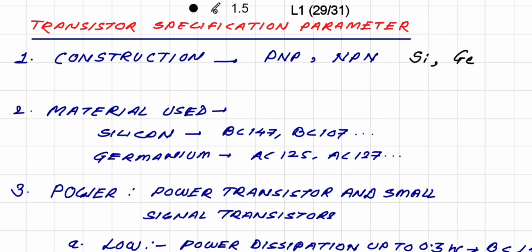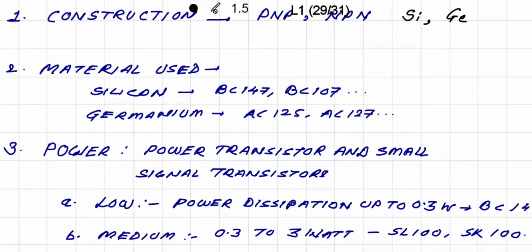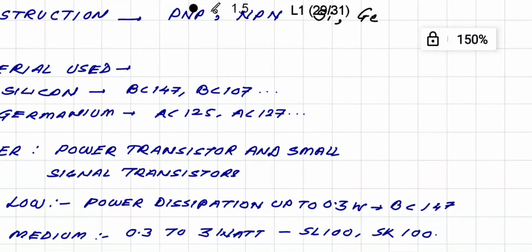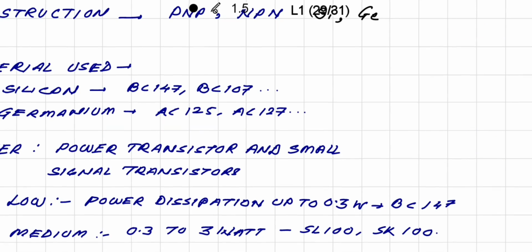The third one is power transistor and small signal transistor. Remember that the function of a transistor is to deliver the power at the output, that we are going to see, because an amplifier takes input, amplifies it and gives output. So on the basis of how much power is delivered at the output, it is categorized.